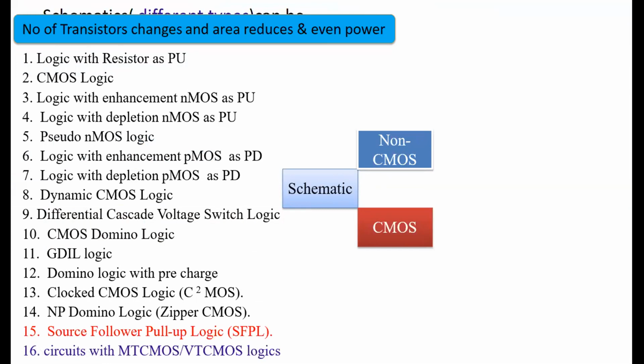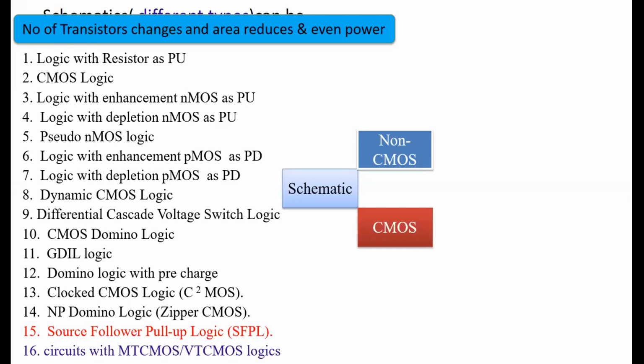Knowingly or unknowingly, if you are working for low power, you have to work with CMOS only. If you are working for high speed, you have to work with ECL. If you are working for load driving capability, you have to work with BiCMOS. Like that, each and every logic family offers the best possible advantage and also some sort of disadvantage.